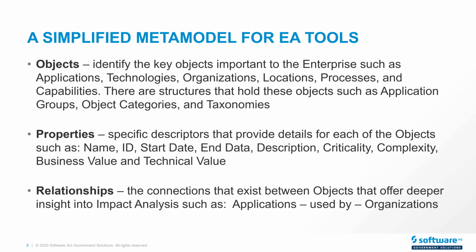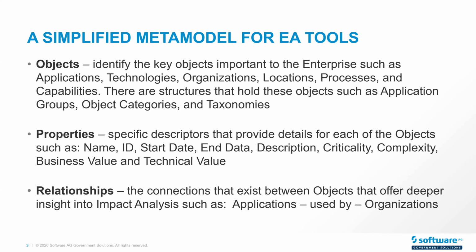For all of those objects, there are properties. These are the descriptors that describe your data, and they have things such as name, ID, a start date, an end date, description, and then a whole slew of other descriptors such as criticality, complexity, business value, and technical value, just for examples.